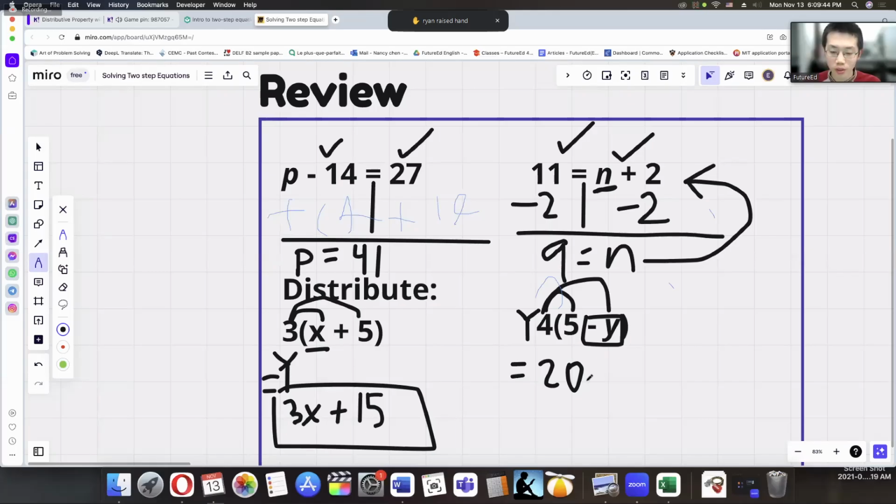Are you not too sure? Because I know we haven't really tackled negatives yet. For now, I'm just going to give you the answer. 4 times negative y is just negative 4y. It's actually that simple. There's nothing too fancy with it.